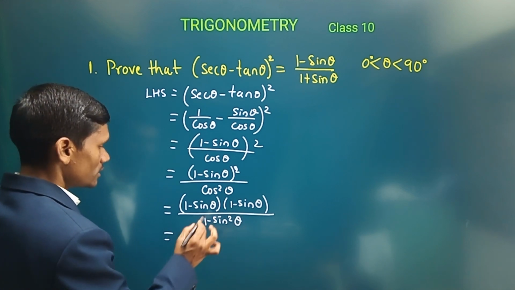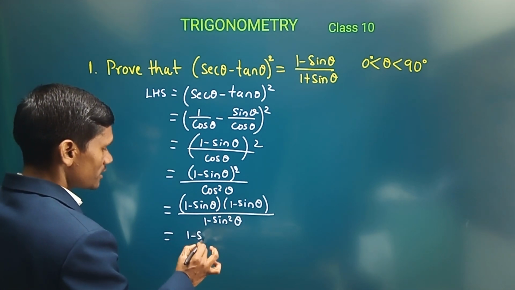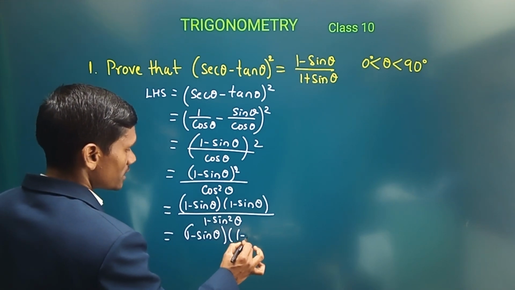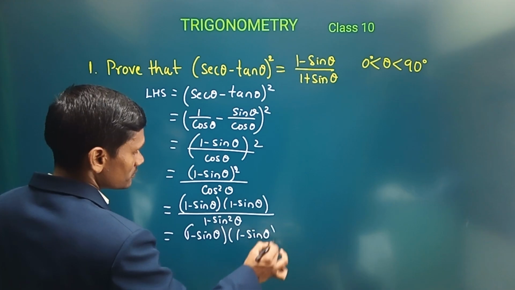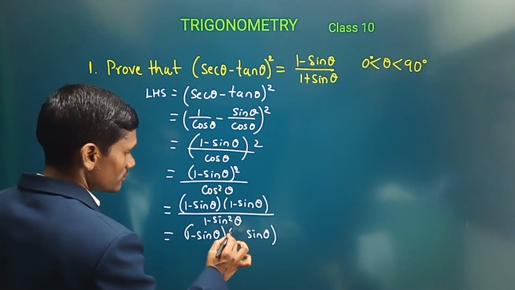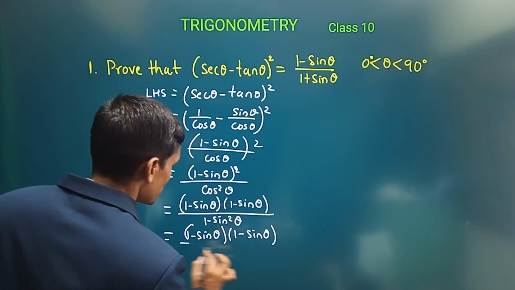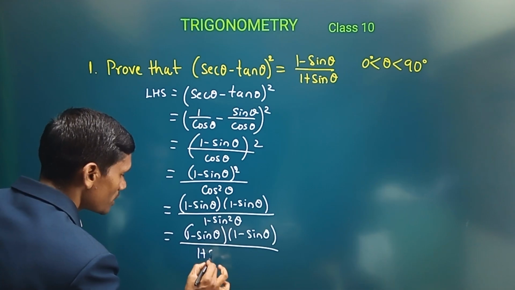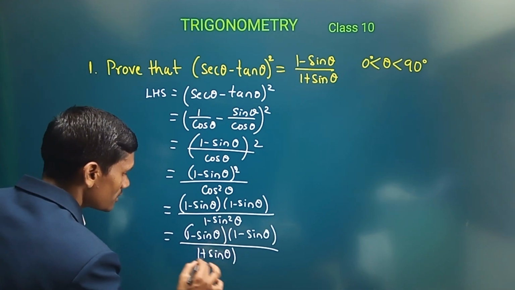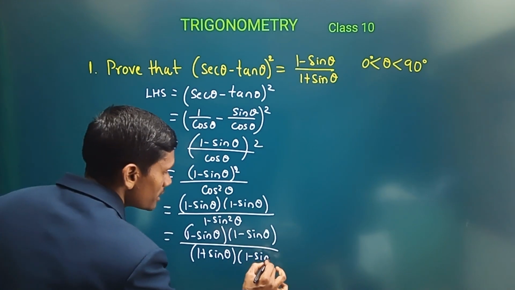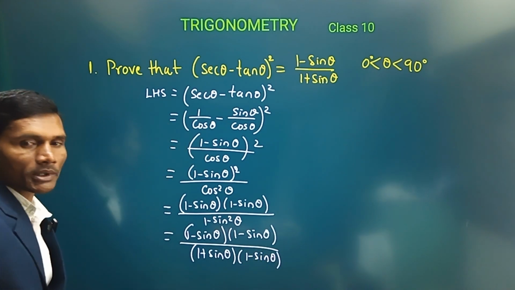So what can be done here? In the numerator we have 1 minus sin theta into 1 minus sin theta. Down below, 1 minus sin square theta can be written as (1 plus sin theta) into (1 minus sin theta), because a square minus b square means (a plus b) into (a minus b).